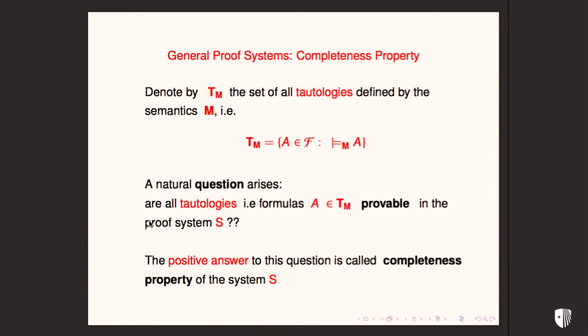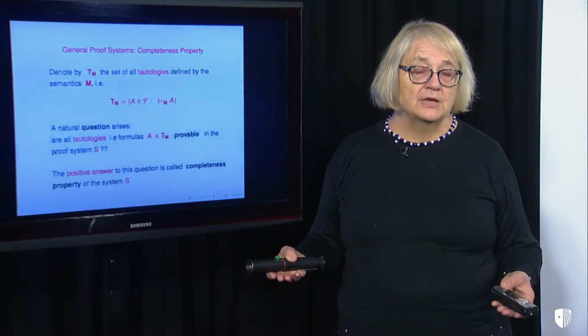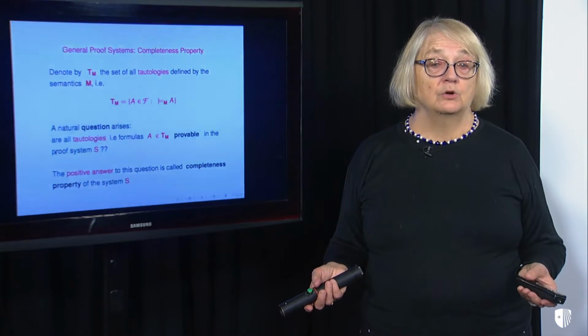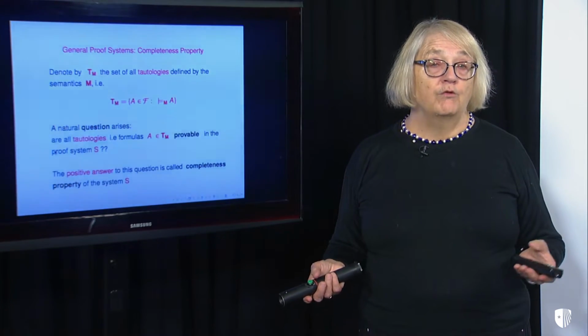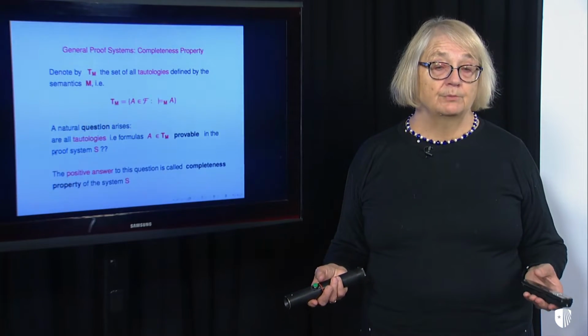So TM is the set of formulas of the language, F is the language of the system, which are tautologies under semantics M. Because semantics is defined by the set of tautologies, we have a natural question: are all tautologies, it means all formulas which belong to TM, provable in the proof system?